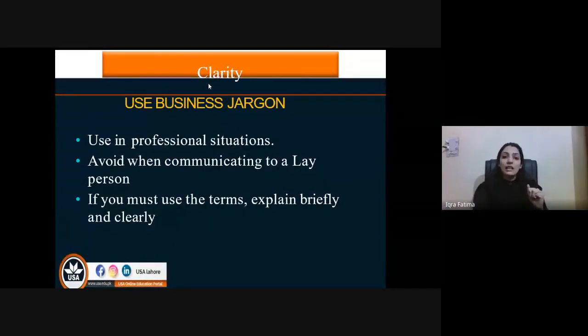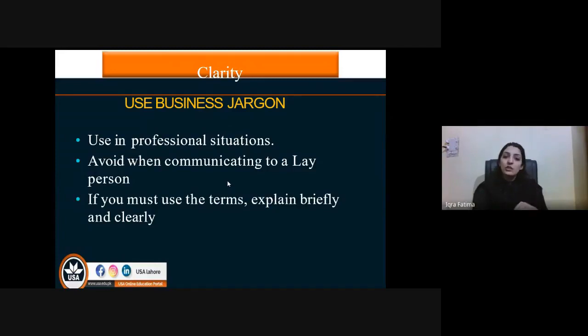So these jargons are specific to a specific profession. Avoid them when communicating to a lay person. Whenever you are communicating with a lay person, who is not a professional, not an expert in your field, you will avoid using those jargons, and you will use simpler language.